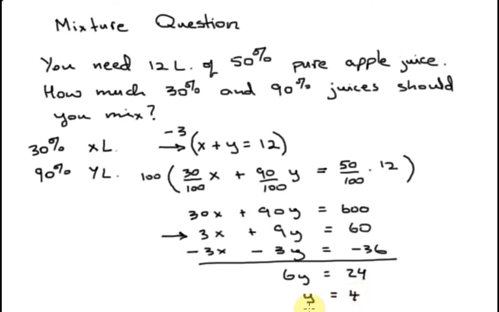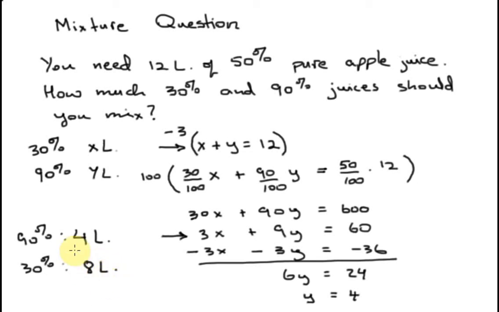So I know exactly how many liters of the 90% purity. So I'm just going to write that down over here. So the 90% solution, I need 4 liters of that stuff, which means for the 30% purity, since the amounts have to add up to 12, and 4 liters are already used up, that must mean 8 liters of that stuff.